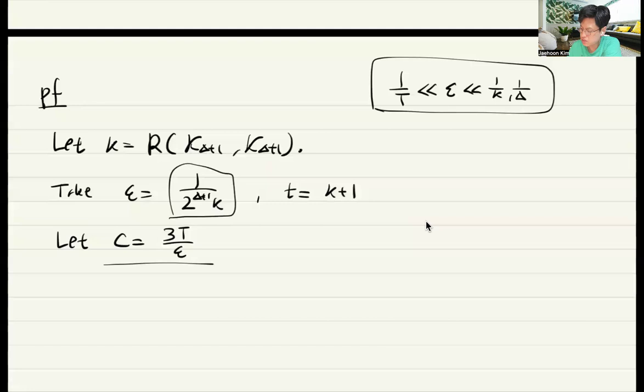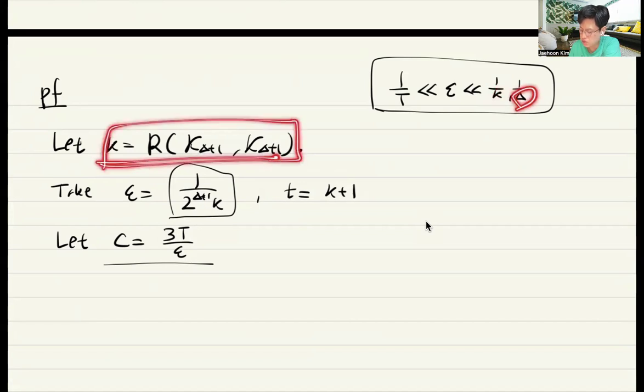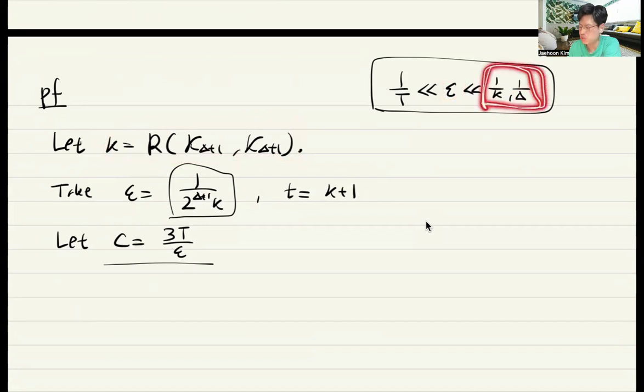So this k is chosen from delta, so this is a function of delta. Then we choose this epsilon, which is small enough for these two, but still a function of these two. And this t is again chosen so that the regularity lemma can be applied with the constant epsilon, so that the number of parts is at most T.